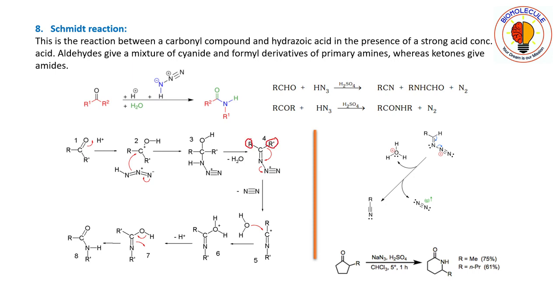So if any of the alkyl groups migrates, you will get an N-substituted amide. But if you look at this aldehyde, it has two different groups over here, one hydrogen and one alkyl group. So based upon the orientation, you will get your cyanide product or formyl derivatives.